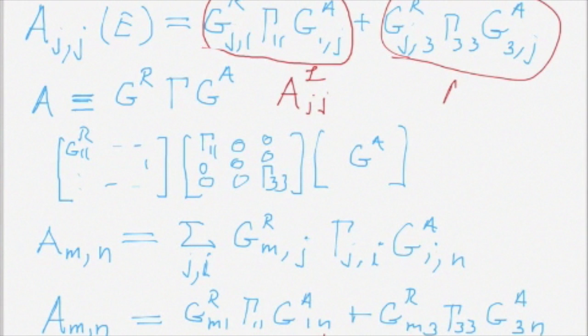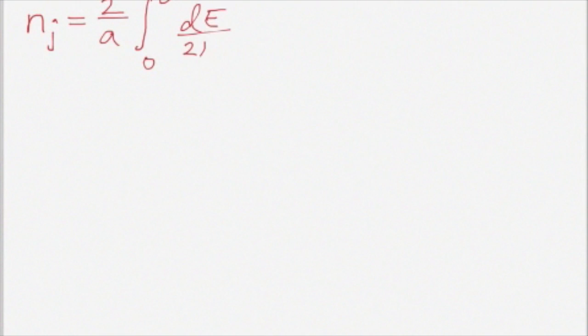Then, I've written this before, but it's such an important equation and concept, I'm going to write it one more time, because you often see it in the literature too. So the electron density at any site is equal to 2 over A integral, if you have band edge at 0, times the left, people call it the left injected spectral function.